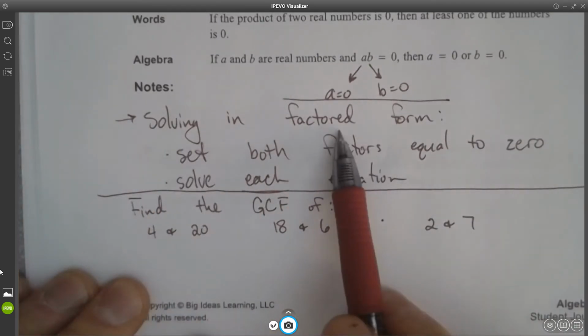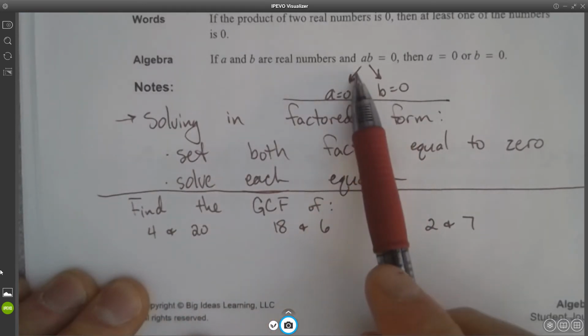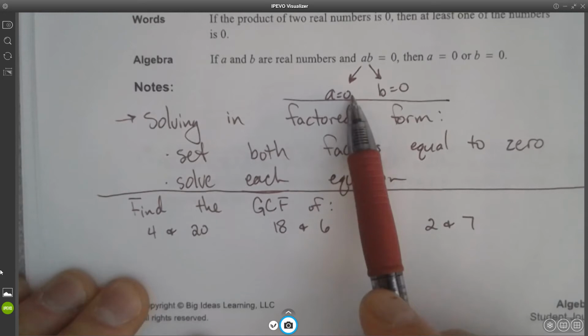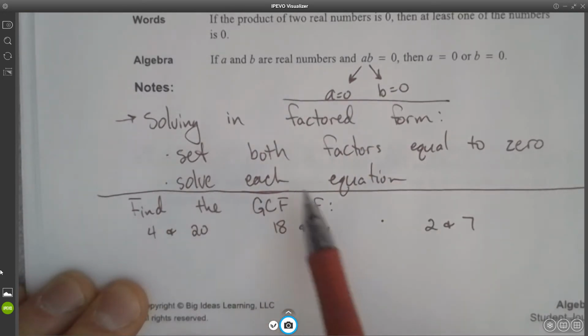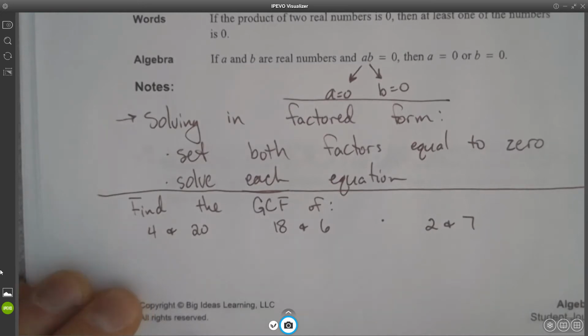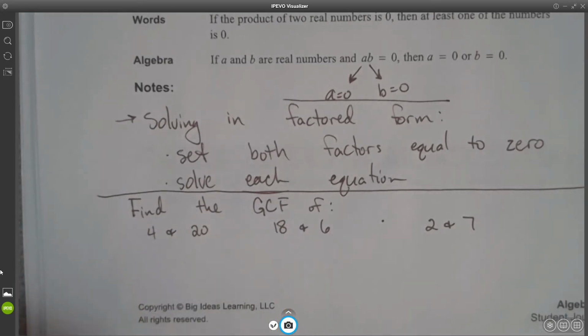So we'll get a polynomial into factored form. Then all we're going to do is take the first factor and set it equal to 0 and the second factor and set it equal to 0. And then we'll solve each of those little mini equations. For us to factor, we need to work on finding the greatest common factor. That's the first factoring strategy that we'll work with.